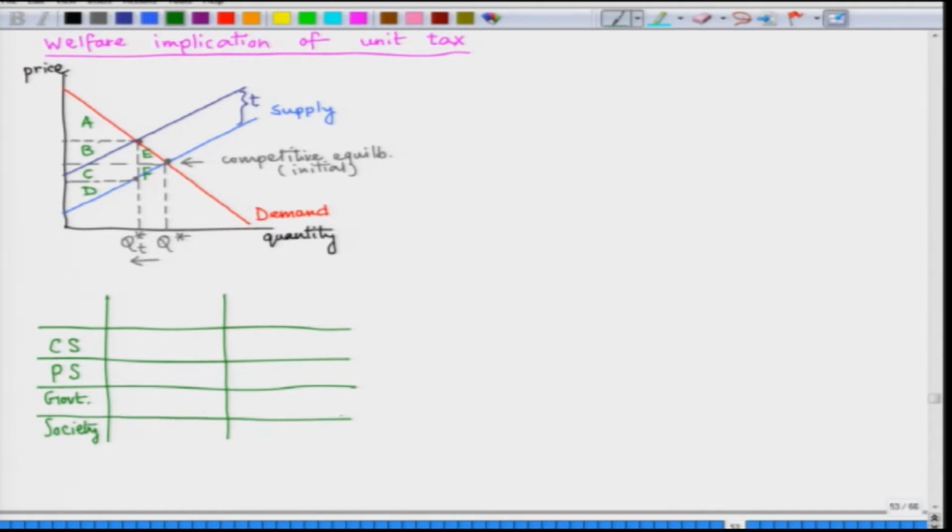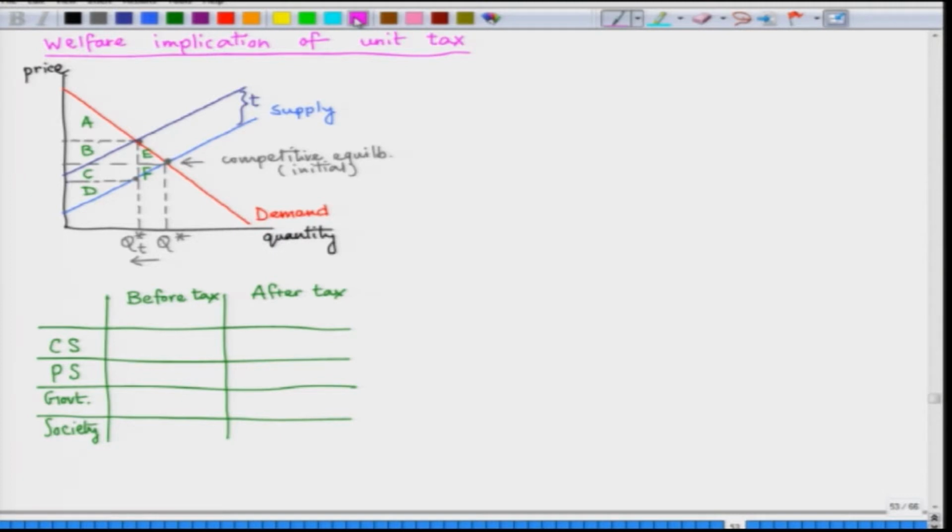Right. So, now we are going to measure the before tax welfare in the second column and after tax welfare areas or measurements in the third column, right. Okay. So, now let us fill some numbers here.